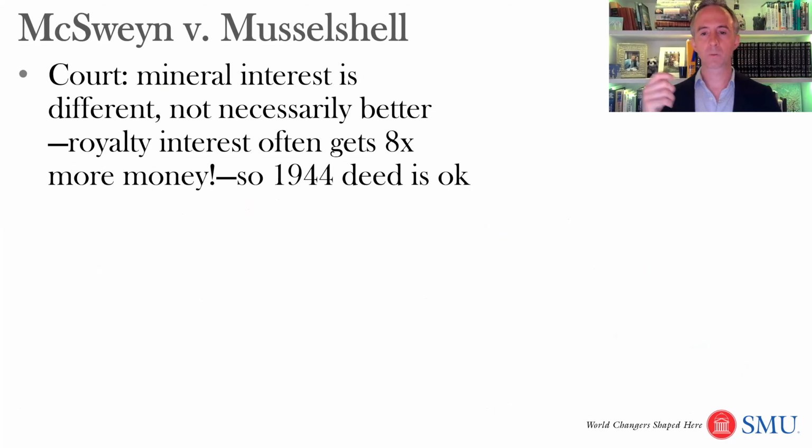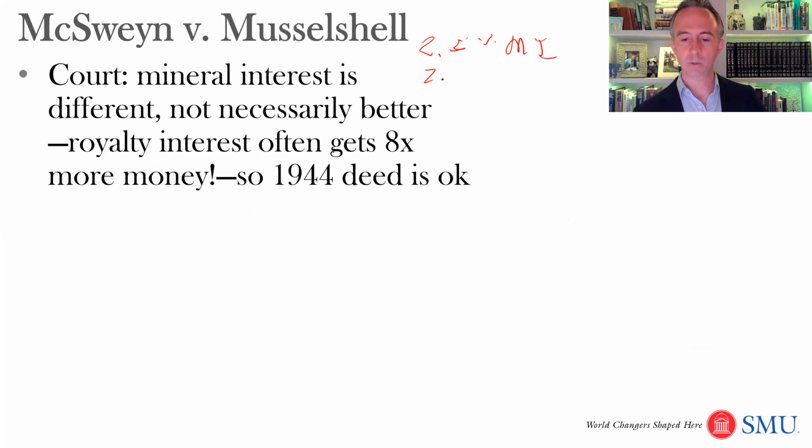What happens with the appellate court here? The appellate court says, no. A mineral interest is not necessarily better than a royalty interest. So remember, the two options are that we have a 2.5% mineral interest and a 2.5% royalty. Now, which of those would you rather have?